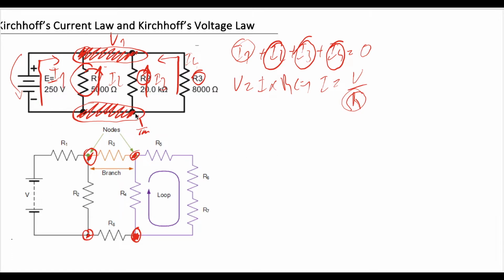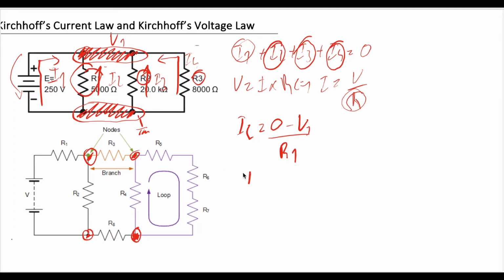So let's do this. We know that I2 is equal to 0, because this is ground, minus V1 divided by R1.